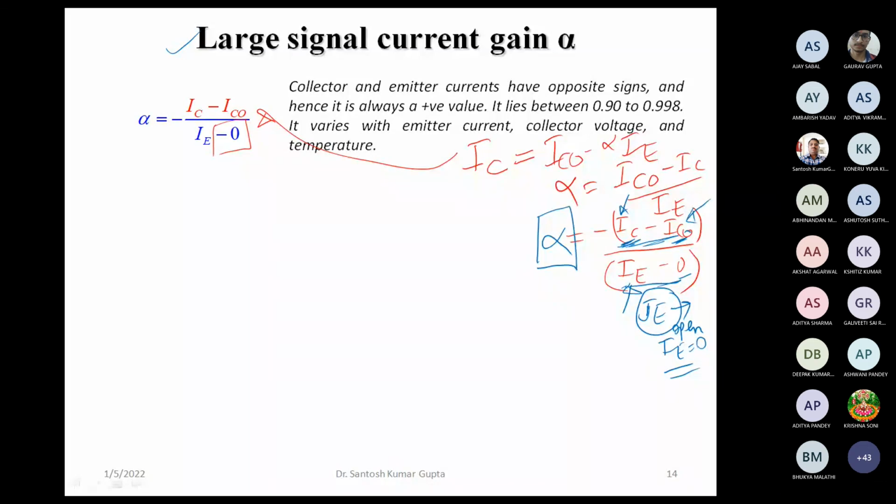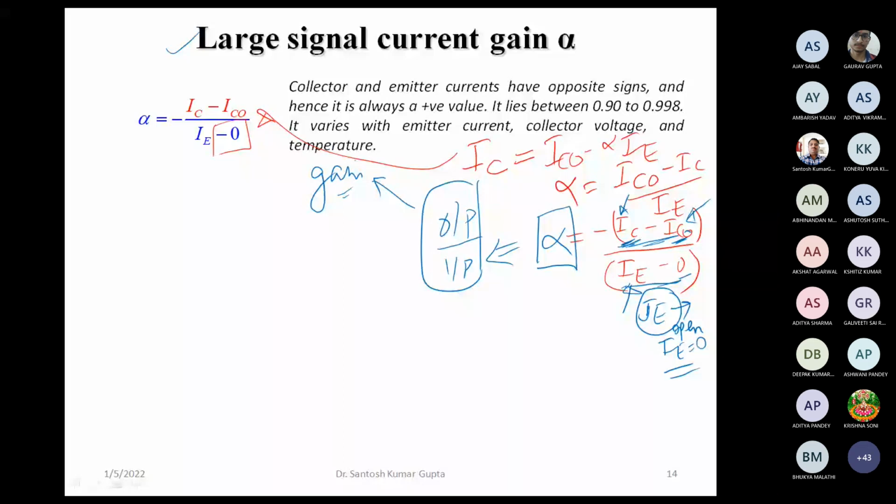So this is giving a kind of ratio of the current at output to the current at input. That's why this alpha factor has also been called gain. So these are the significance of rewriting and understanding this particular term.